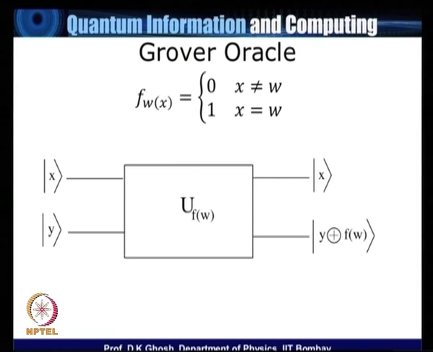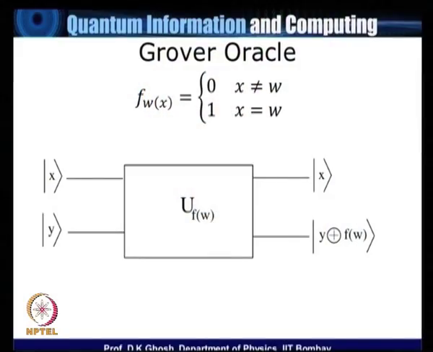Grover's oracle schematically is as written here. That oracle calculates f w of x, which is equal to 0 if x is not equal to w and is equal to 1 if x is equal to w. This is something which we will be repeating several times because this is the crux of many things. I have an input x, I have a target y, and the function is calculated by the oracle.